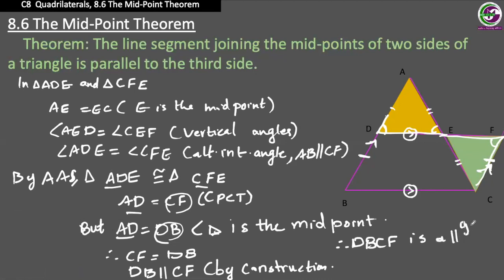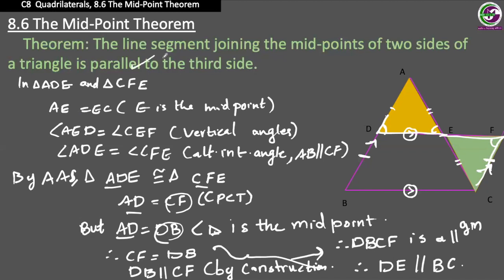Because one pair of opposite sides are parallel and equal, DE, which is a part of the parallelogram, is parallel to BC. Opposite sides of a parallelogram are parallel. That was what we had to prove.